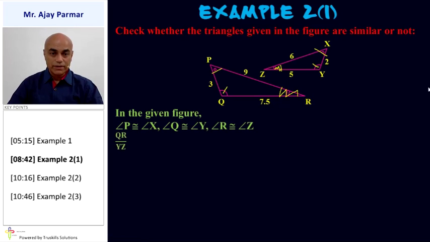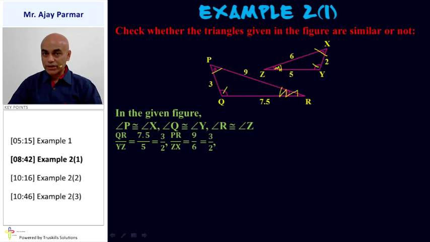Now about the sides. QR upon YZ, that is 7.5 upon 5. Cancellation will give us the answer 3 upon 2. Exactly the same way PR upon ZX, that is 9 upon 6, and that is nothing but 3 upon 2 once again after cancelling the numbers. Same way PQ upon XY as given over there ready-made, it is 3 upon 2.